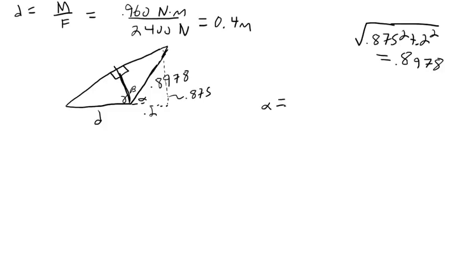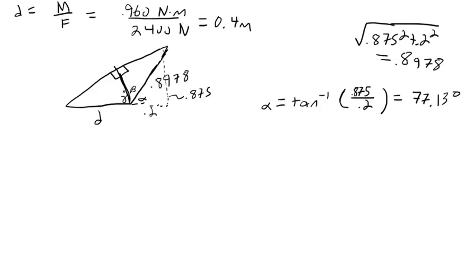So alpha is going to be the inverse tangent of 0.875 over 0.2, which is equal to, let's say, 77.13 degrees.